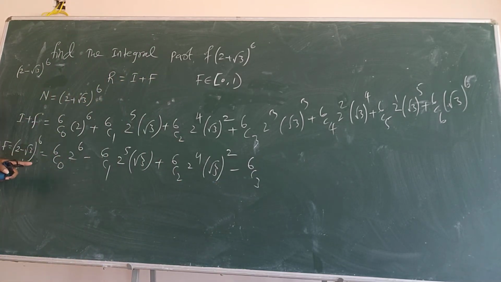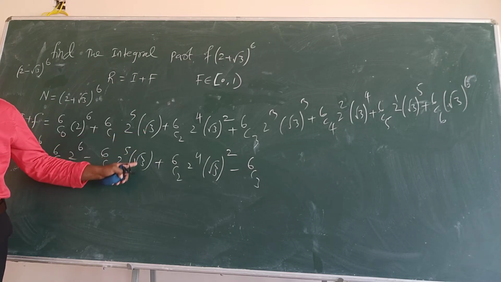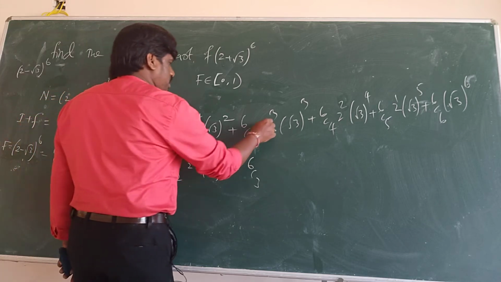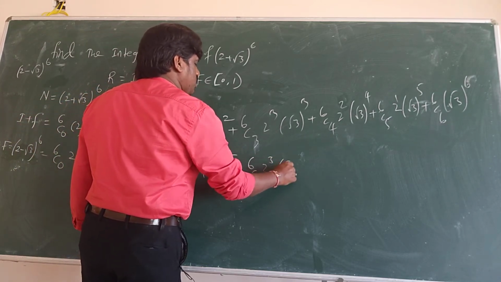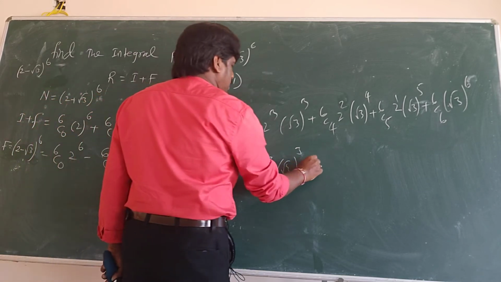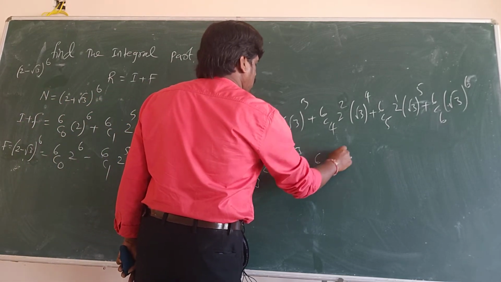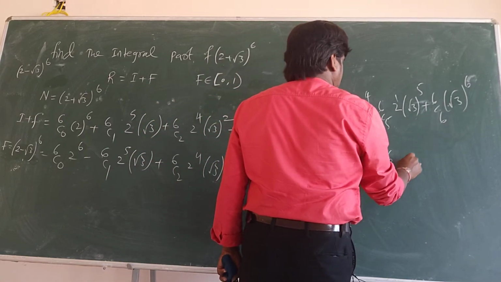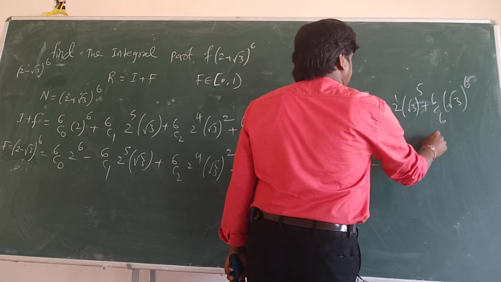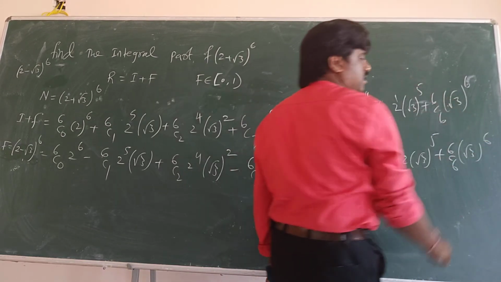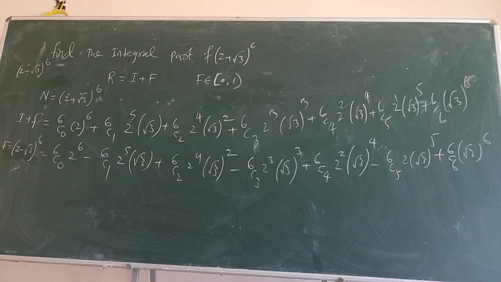Then plus 6C4 2^2 root 3 power 4 minus 6C5 2 root 3 power 5 plus 6C6 root 3 power 6. Why we write like this, I'll tell you.